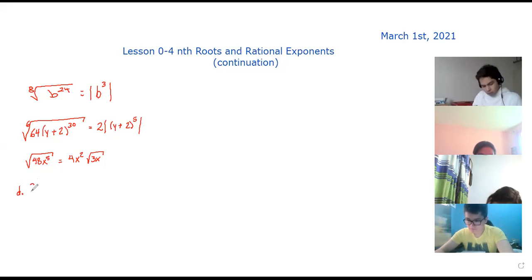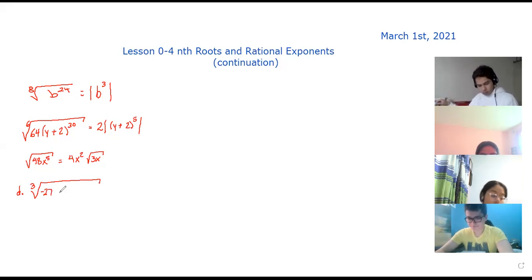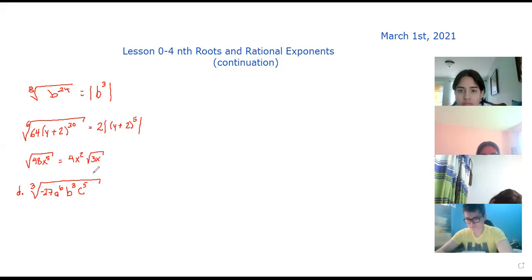The cubic root of -27 a to the power of 6, b to the cube, c to the 5th power. Okie dokies. Let's work with this.